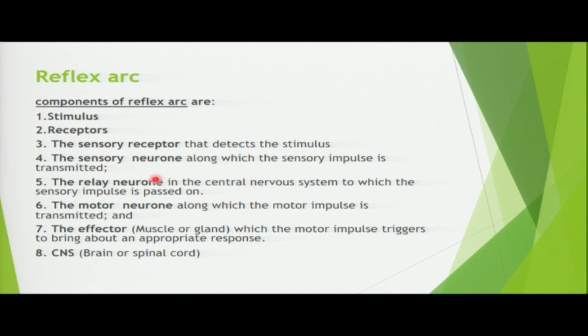And then we have motor neuron, which carries information from the central nervous system to the effector. And then we have effector, which are muscles and glands where the response is going to take place. Now we have the central nervous system, which is brain and spinal cord. So those are the components of reflex arc. Are you getting this? Nice.